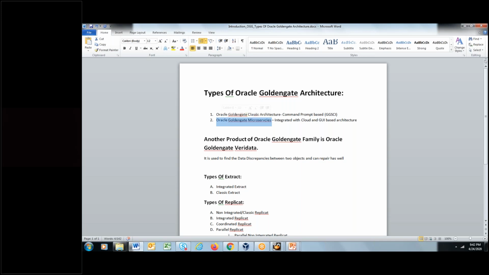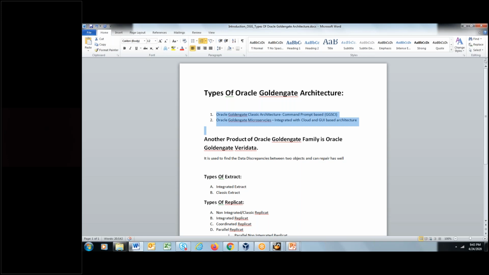So now we have two types of architecture available in GoldenGate: Oracle GoldenGate Classic Architecture and Oracle GoldenGate Microservices Architecture. If I have to sum up in a few words, Classic Architecture is the traditional architecture which has existed since GoldenGate was developed.